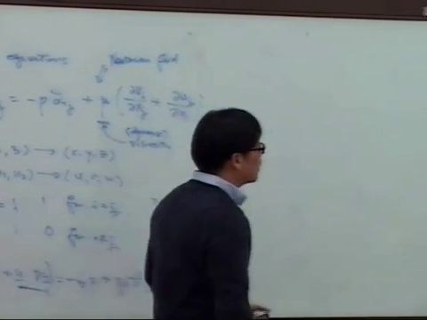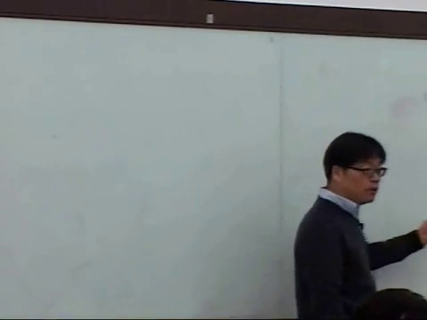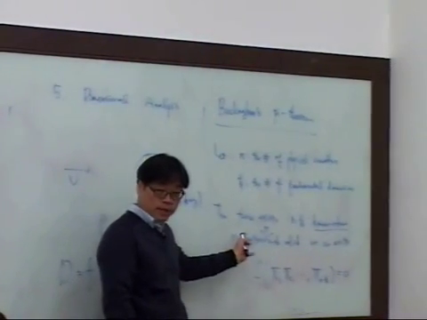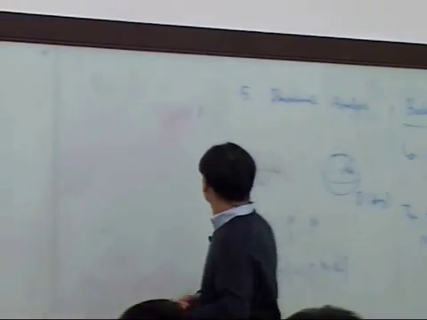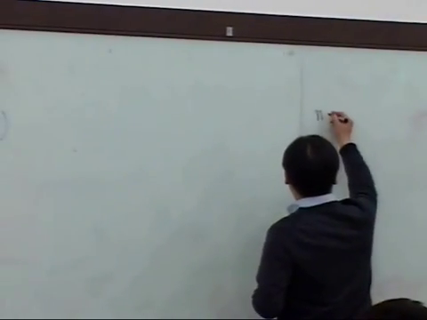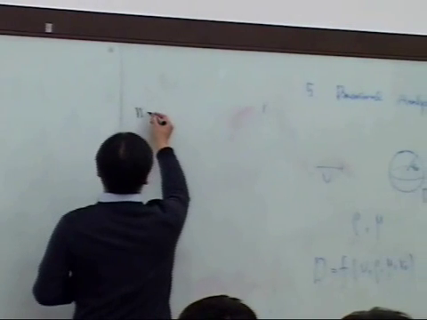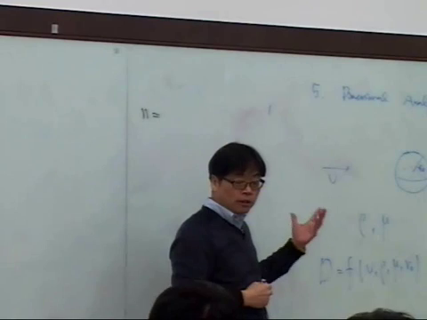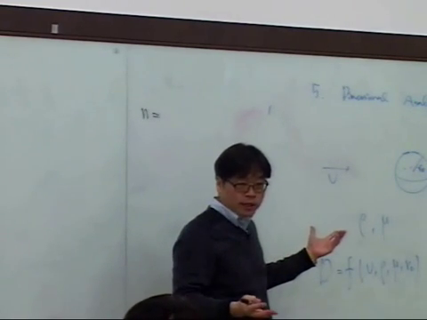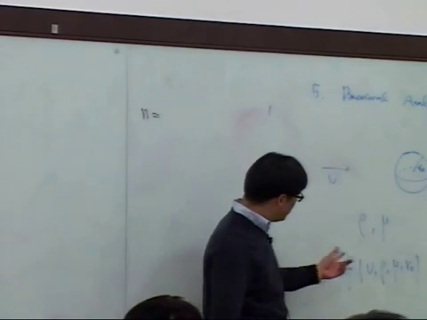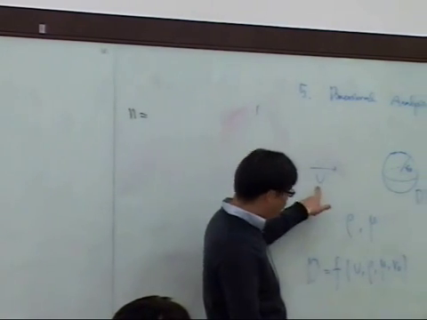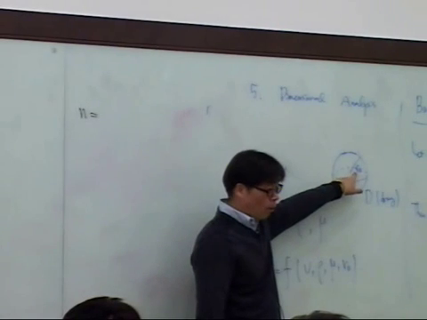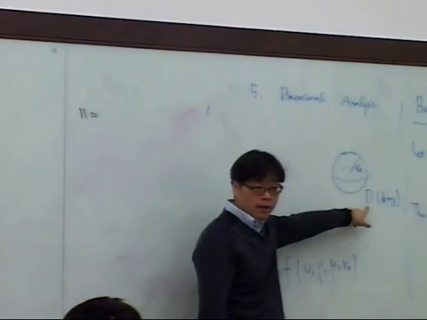Okay. So let's use this example to explain what this pi theorem says. First of all, n is the number of physical variables involved in the problem that you are interested in. So how many physical variables do we have? We have 1, 2, 3, 4, and drag 5.